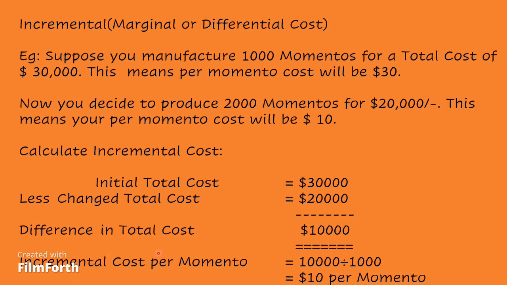So incremental cost per memento, if you have to calculate, it will be the extra total cost that you have incurred divided by the extra number of units that you produced. So that will give you $10 per memento. This is the incremental cost per memento that has happened because of the change in the number of units of production.